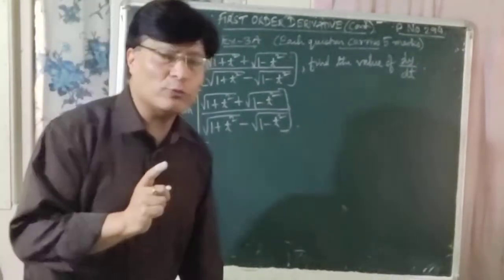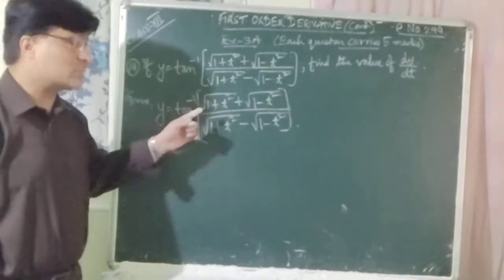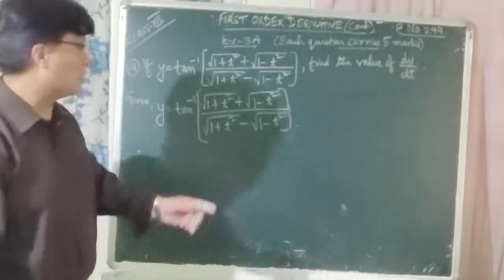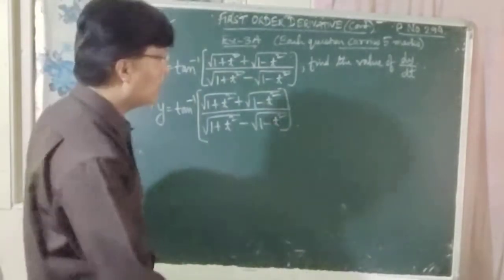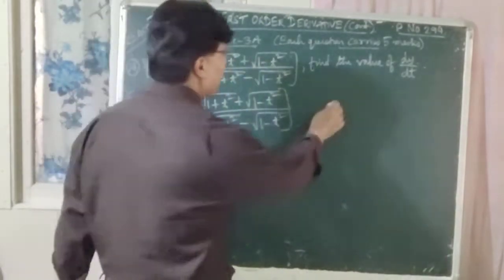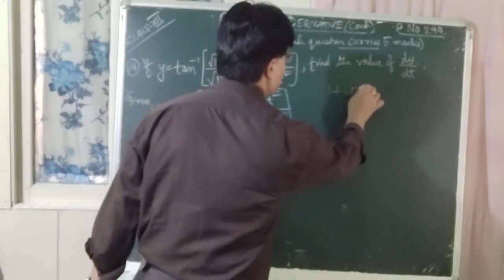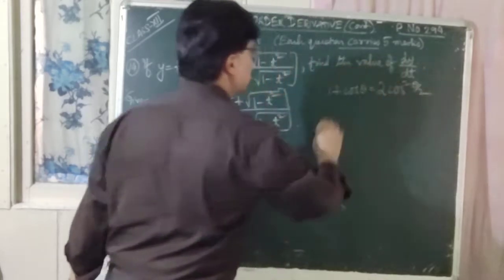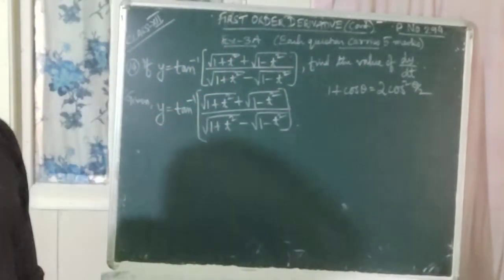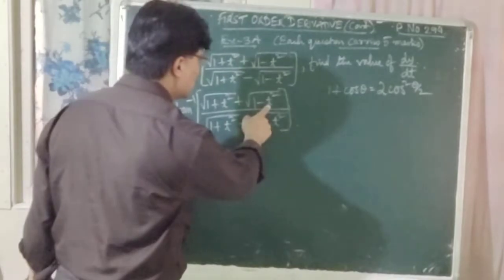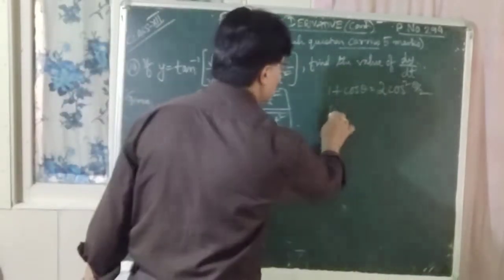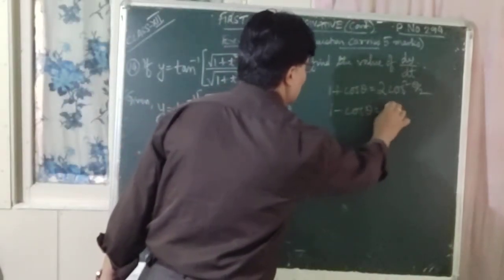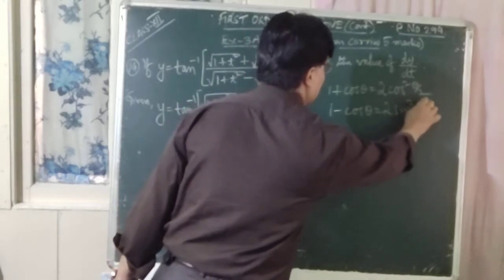So why are we substituting cos theta for t square? Because you know that 1 plus cos theta, if you put t square is equal to cos theta, what do we get? 1 plus cos theta is equal to, what is the formula? It is 2 cos square theta by 2, right? You should know this formula. And also 1 minus cos theta is 2 sin square theta by 2.